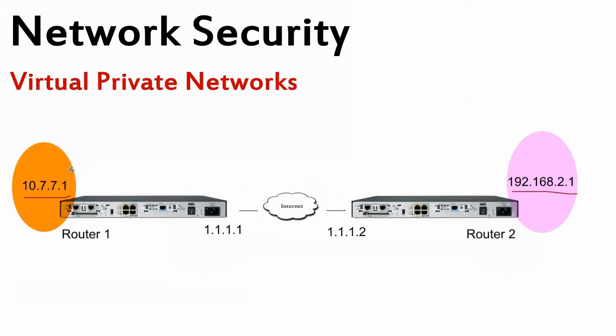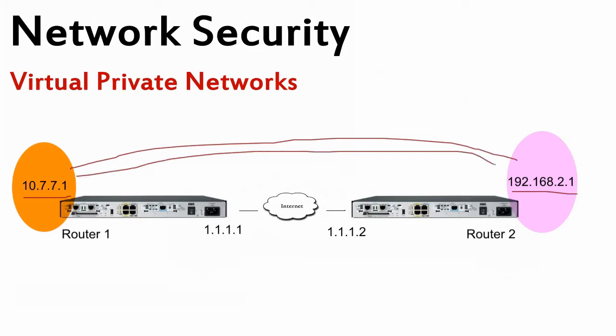What we want to do is create a site-to-site VPN, a VPN tunnel, and send some traffic. In our case, we'll ping these two IP addresses and make sure that everything will go across this VPN tunnel.